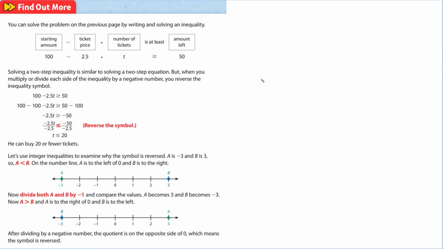Let's go back to here. So first we have the formula, or the inequality I should say, 100 minus 2.5t, which is greater than or equal to 50, right? Because it's at least. Alright, what are we looking for? t. What happens to t first?